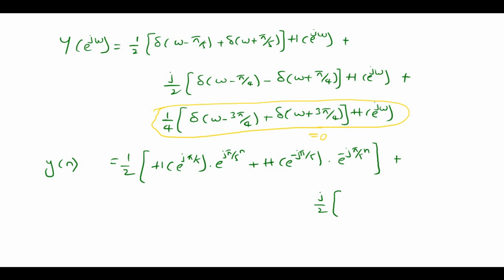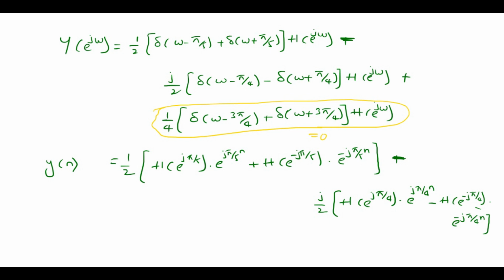Actually you will get the minus here also, because the first time you wrote omega minus omega c, so it will get the minus. So it is H of e power j pi by 4 into e power j pi by 4 n minus H of e power minus j pi by 4 into e power minus j pi by 4 n.